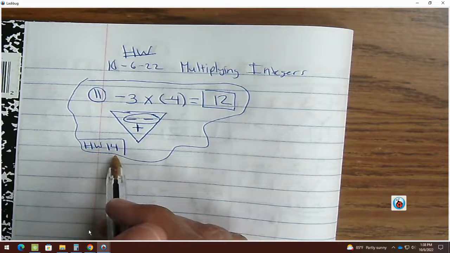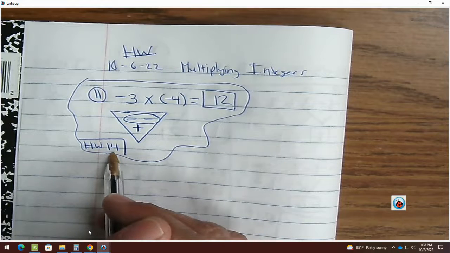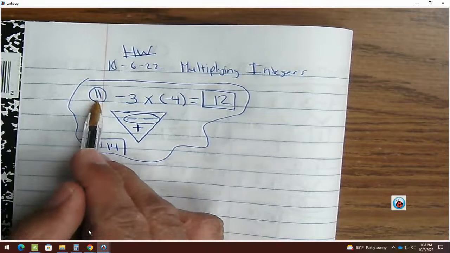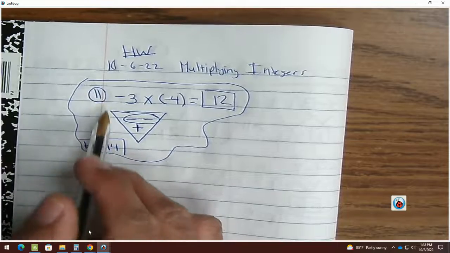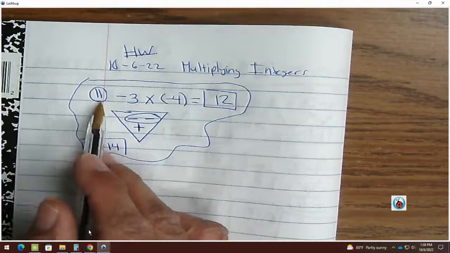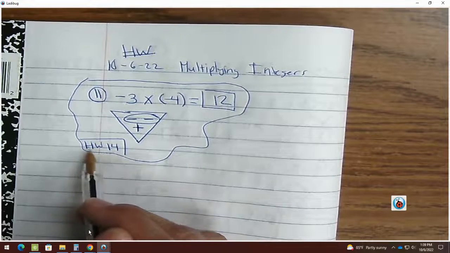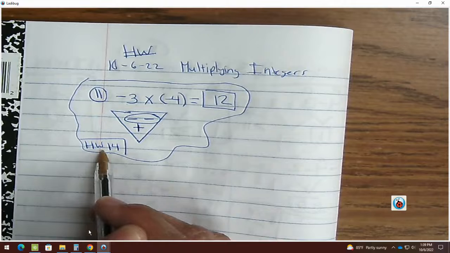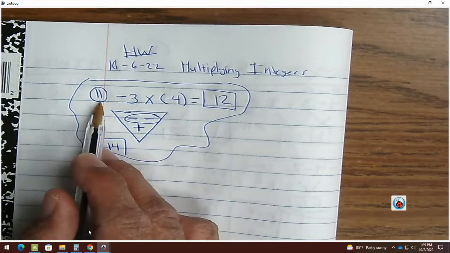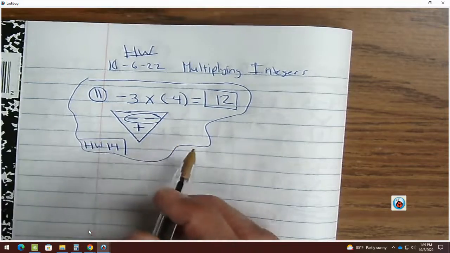Si tú no la entiendes, cuando llegues a la casa, puedes mirar el video de la número 11, porque ellas dos son iguales. Siempre que yo haga esto, lo hago por esa razón. HW es homework, es como la número 11. O si me atoro, puedo ir a ver el video de la número 11.